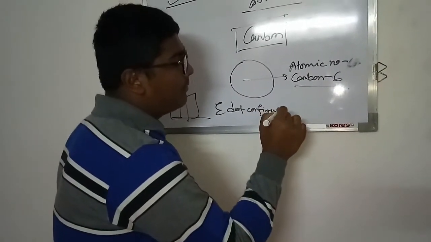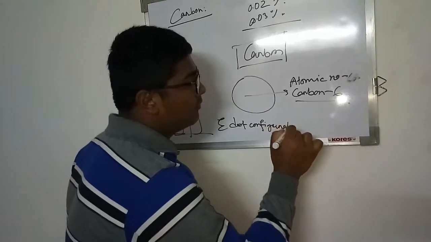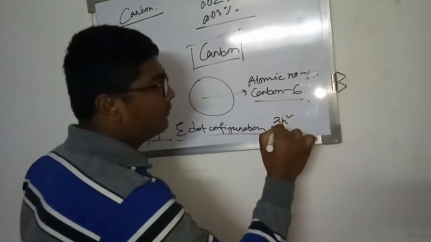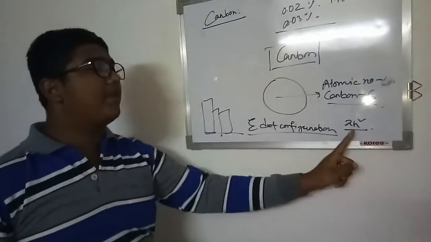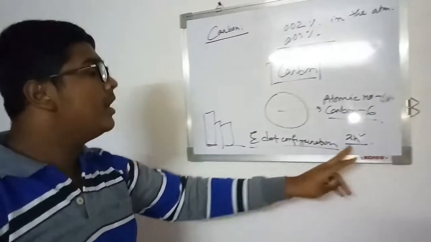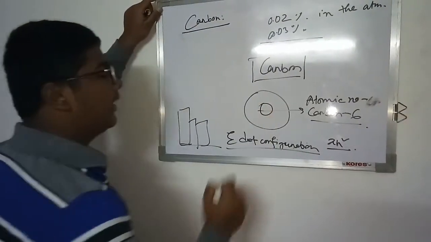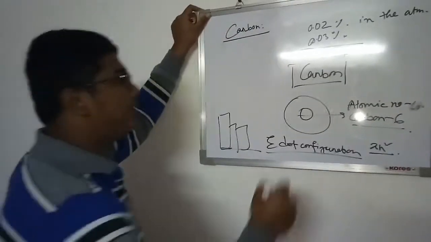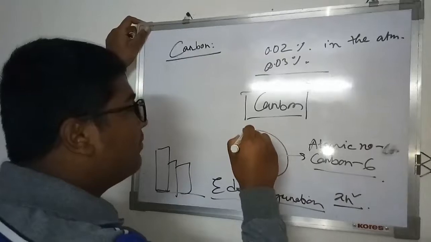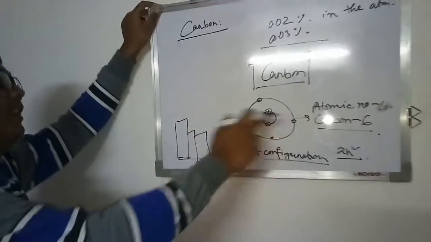Now according to the Bohr-Bury rule, that is 2n square, by maintaining this particular formula, we can find out that each shell of carbon is made up of 2 electrons in the first shell and 4 electrons in the outer orbit or the valence shell.